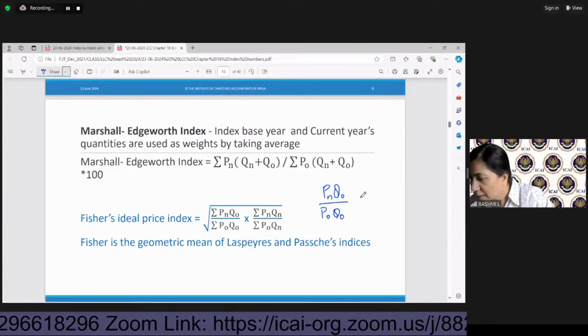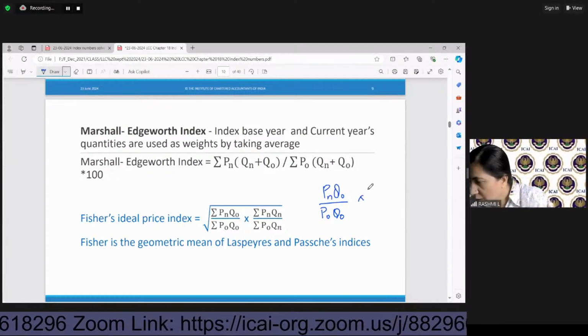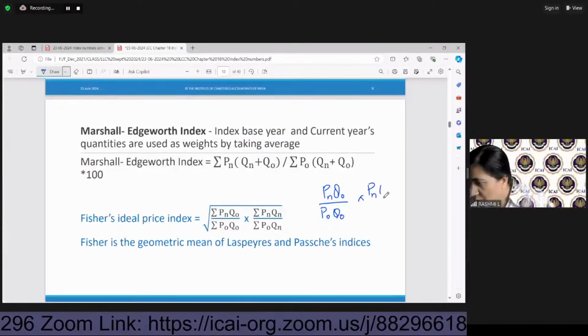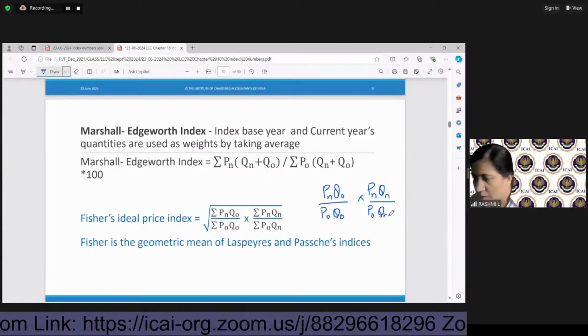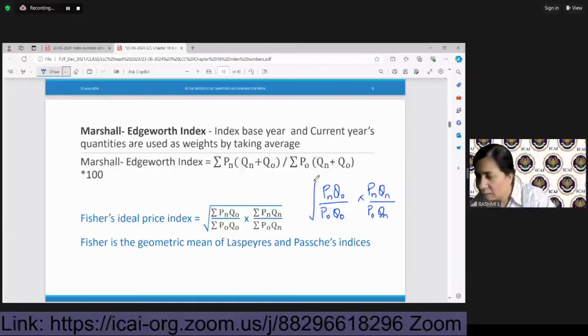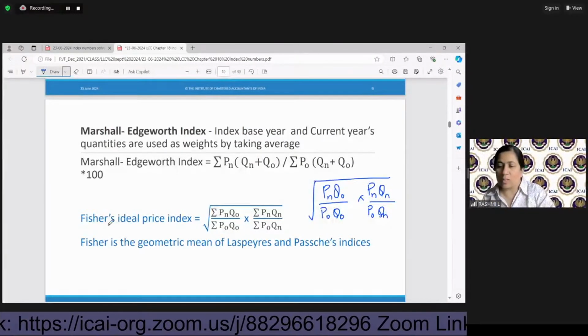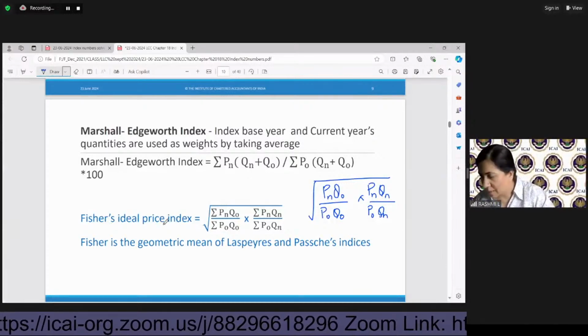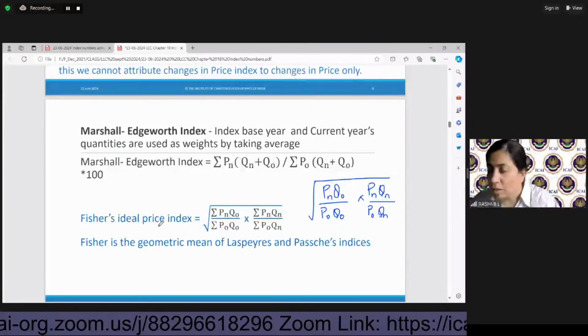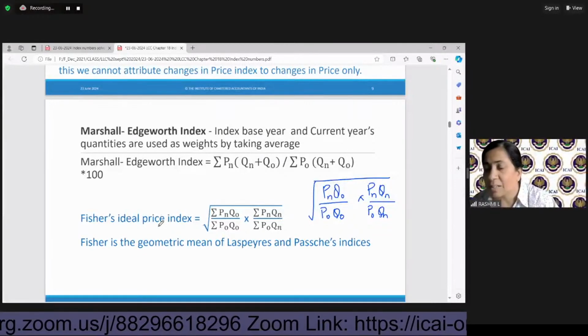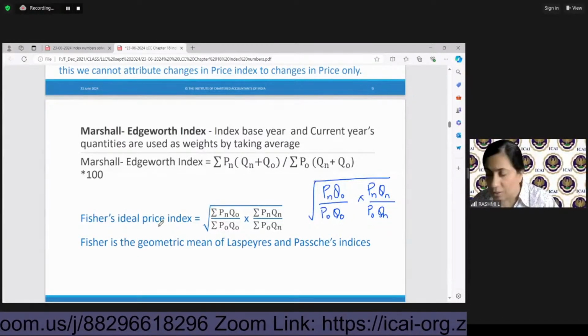And summation Pn Qn upon summation P0 Qn, current price, current quantity, old price, current quantity. When you find the square root, you get what is known as Fisher's ideal price index. So we are comparing the price indexes using Fisher.